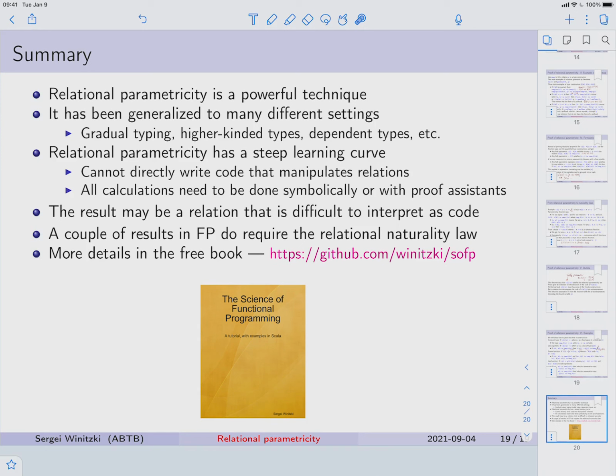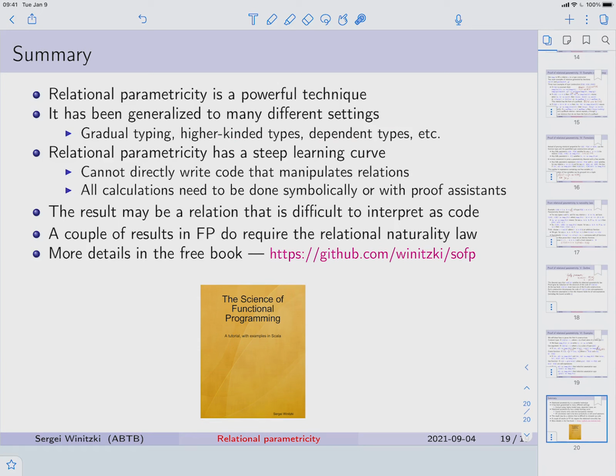So this technique has been generalized to many different settings, to all kinds of different languages, because, as I showed, this technique only works as long as you restrict your programming language to a specific set of code constructions. But you can have more code constructions than what I showed. Certainly for different programming languages, more complicated code constructions could be allowed. So for instance, you can have languages with gradual typing, with higher kinded types, with dependent types.